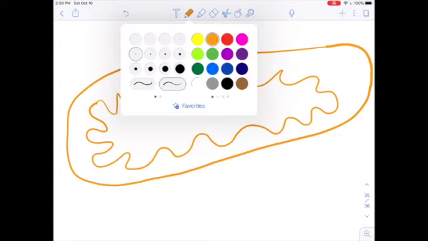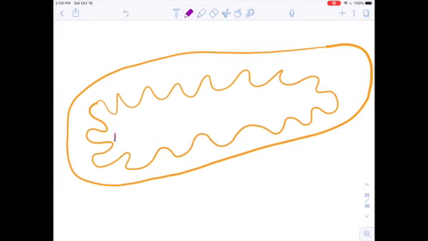All right, NAD, I don't want to use Word for that. NADH and FADH2 will accumulate in the matrix of the mitochondria.